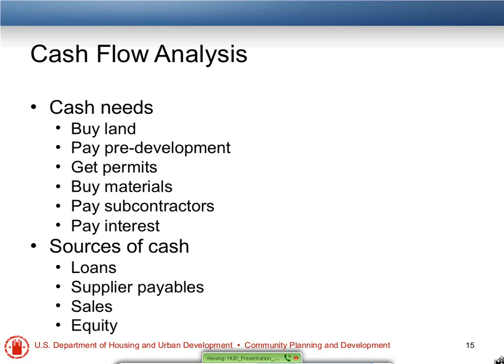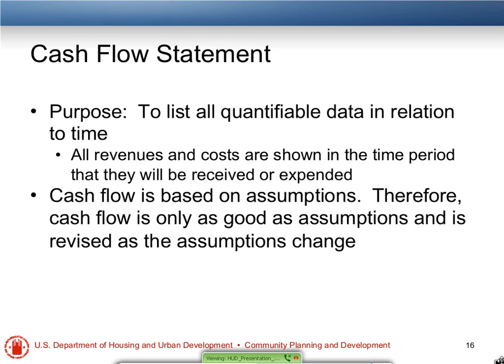The sales of the individual units is a wonderful source, and one of the reasons we typically stagger construction of homeownership units is so that we can use the revenue from the sale of those units to help us finance the project. And then there's equity from the developer, from the owner of the project, also to help finance the project.